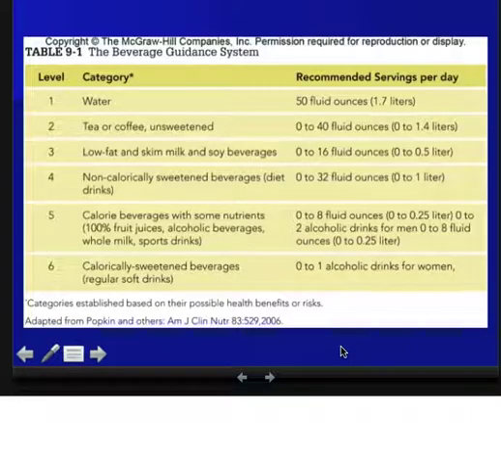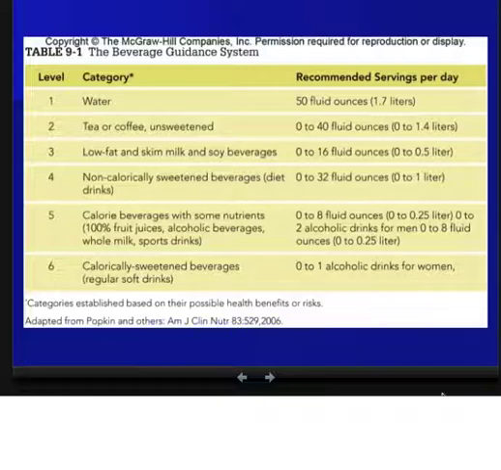And what we're looking at here is simply a table that shows you the different levels of water loss, the category into which they fall, and the recommended servings per day to avoid water loss.